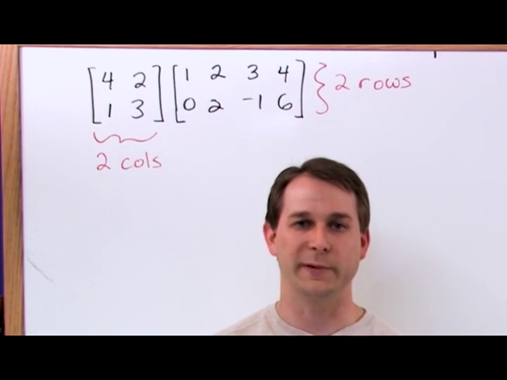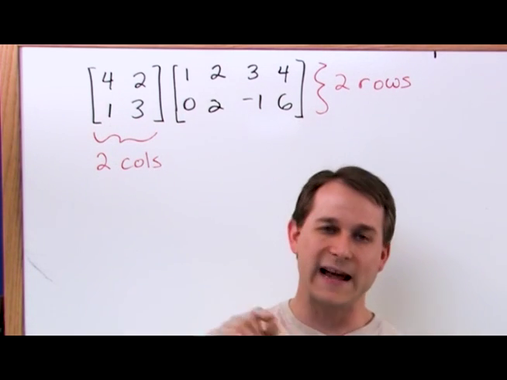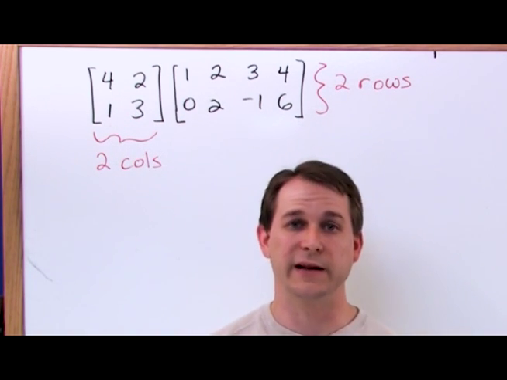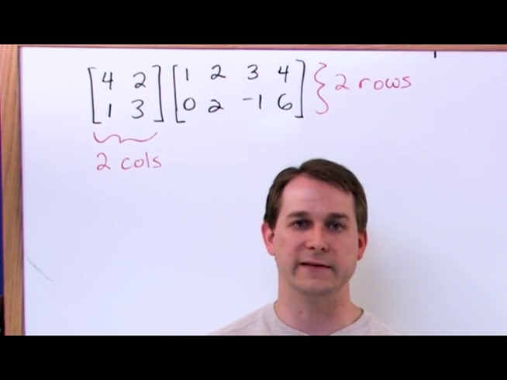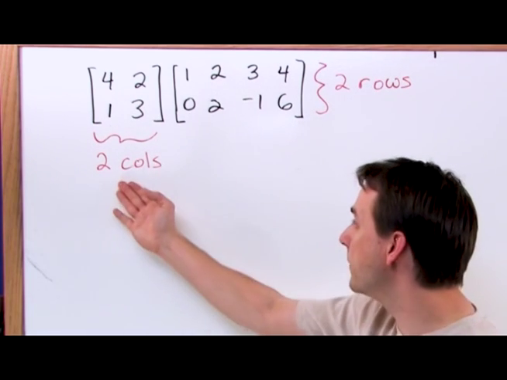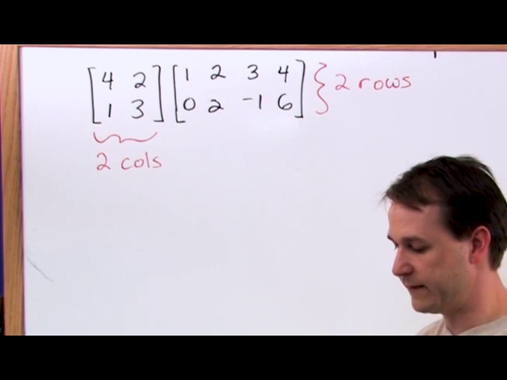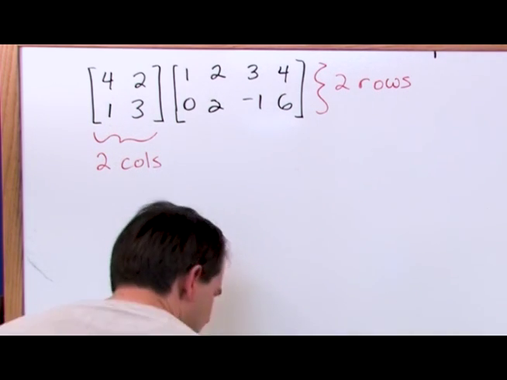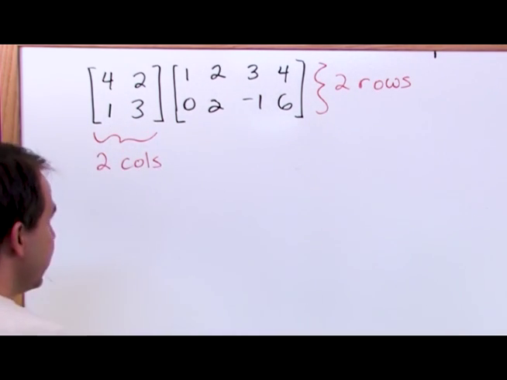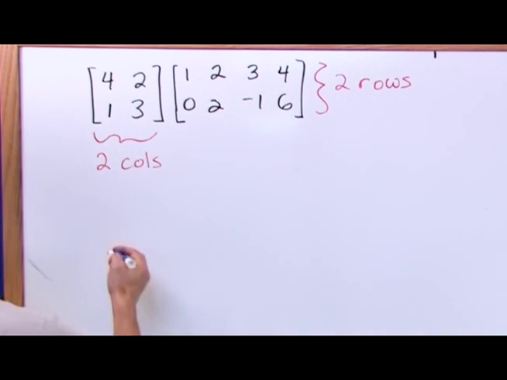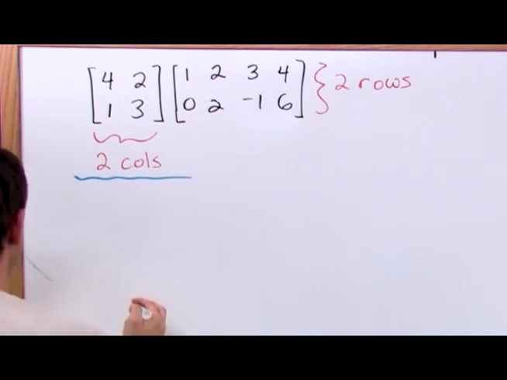That's because matrix multiplication is a very special thing. You're going to see how to do it, and when I show you how to do it, it's going to make sense why these things have to be the same number of columns in the first matrix times a row in the second, okay? So I want to write that down because it is probably the most important thing that you're going to learn in this particular section, aside from the actual problems.